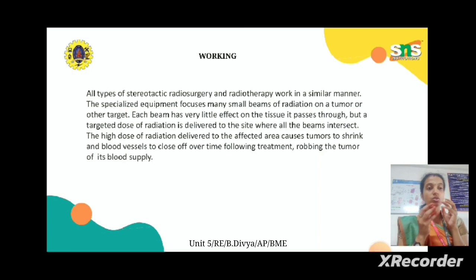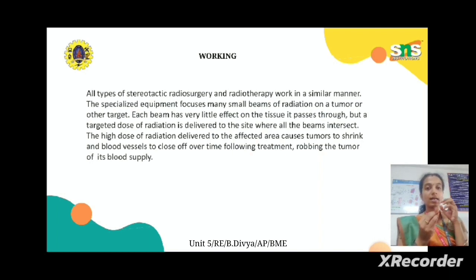The target to be operated on is given a larger dosage compared to the surrounding cells. The high dose of radiation delivered to the affected area causes tumors to shrink and blood vessels to close off over time following treatment.